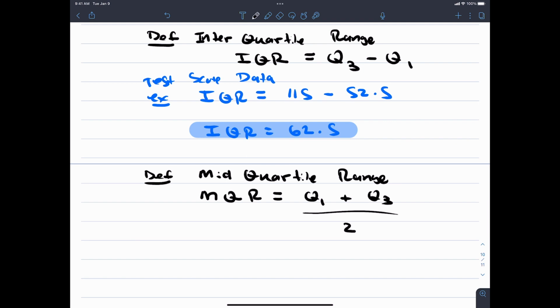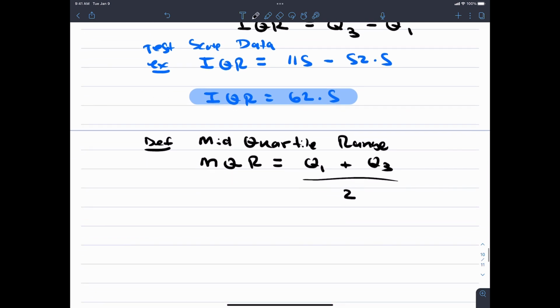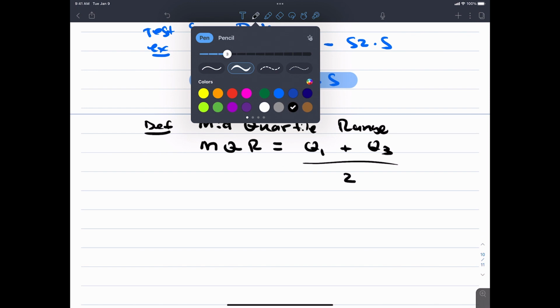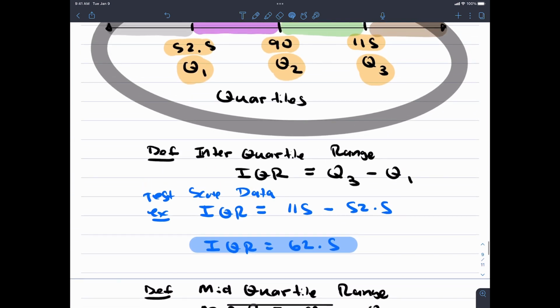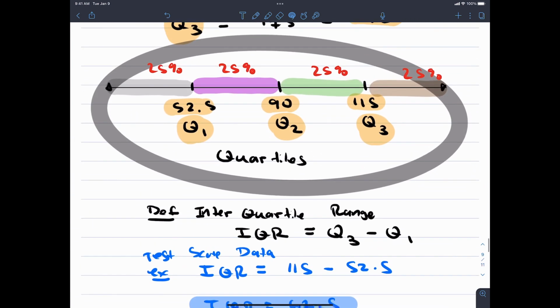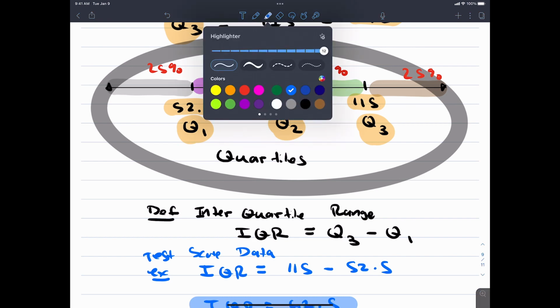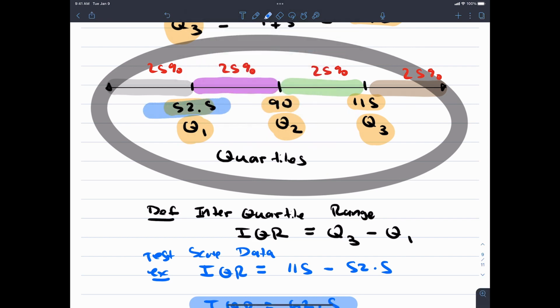So if you add Q1 and Q3, divide by 2, you're going to get the mid quartile range. So you say, what's Q1? Well, it's 52.5. Is that right? You say, how do I know? Because we plotted this here. So we're going to take the what? 52.5. We're going to add it with 115. We're going to divide by 2.